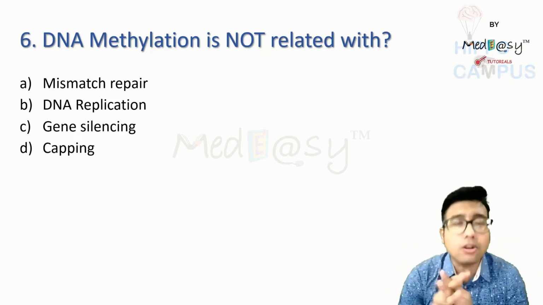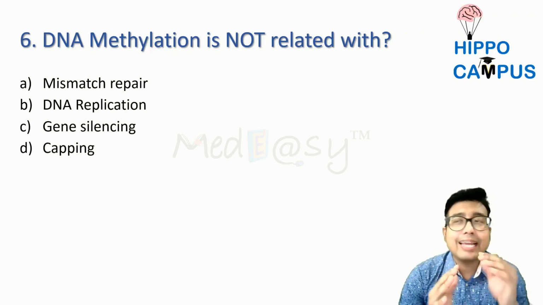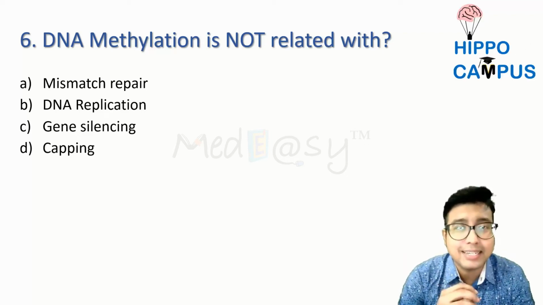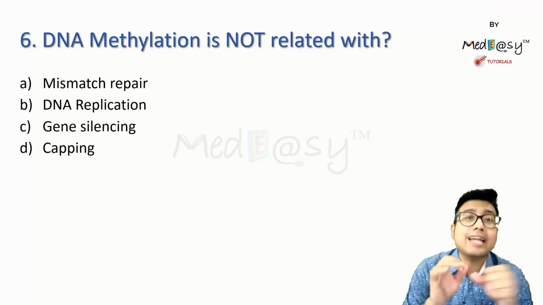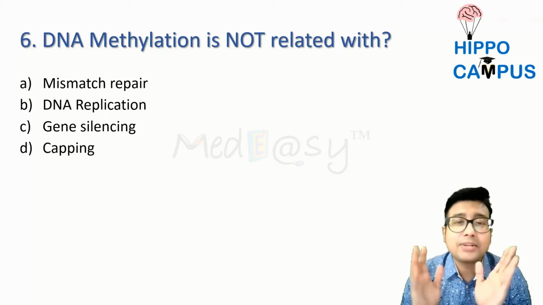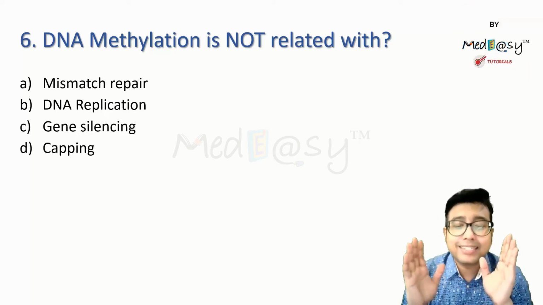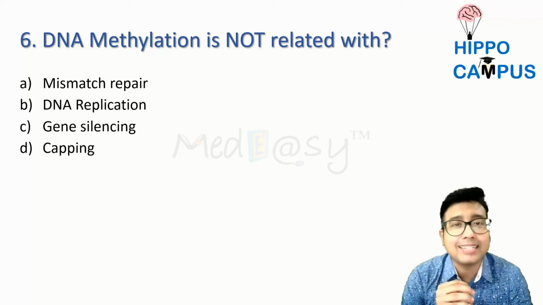Now all of them majorly play a role in masking a DNA. By masking I mean protecting or making the DNA identifiable. In case of mismatch repair, you can clearly see that there are residues that are methylated.